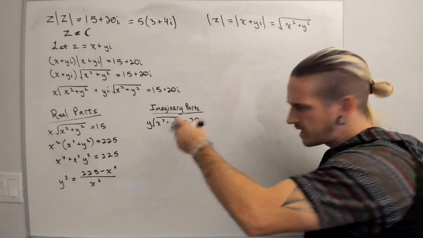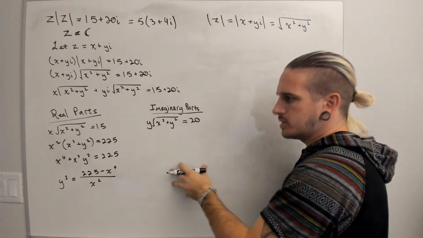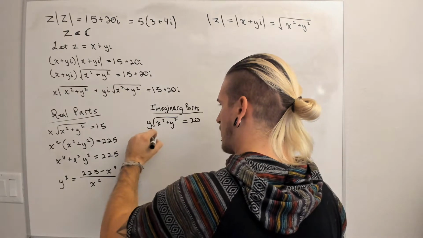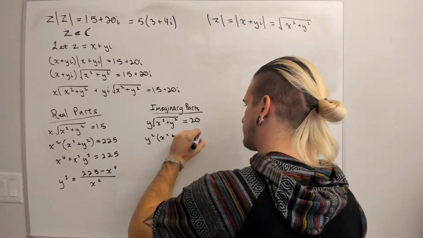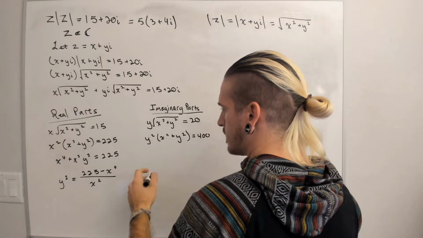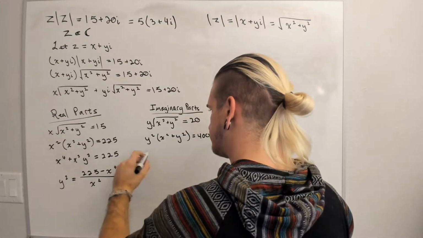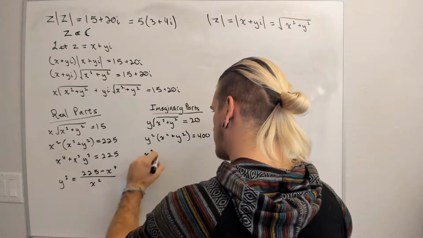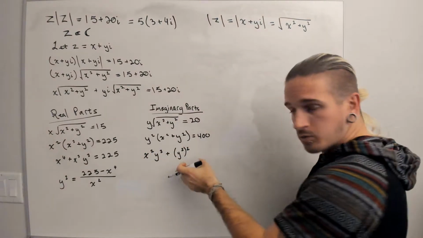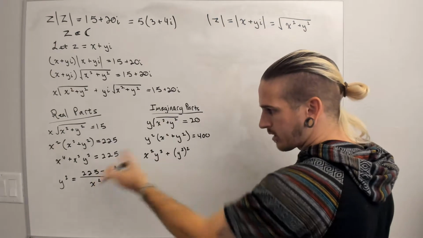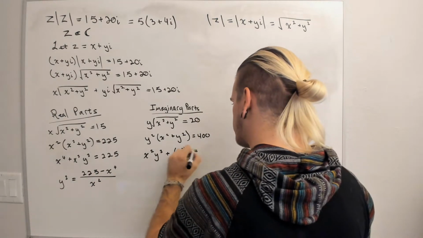All right, do the same thing over here with the imaginary parts. So we'll go ahead and square both sides. And then we can distribute now. So that'd be x squared y squared, plus, and I'm going to leave this as y squared squared, right? As you see, we are going to substitute in that y squared.